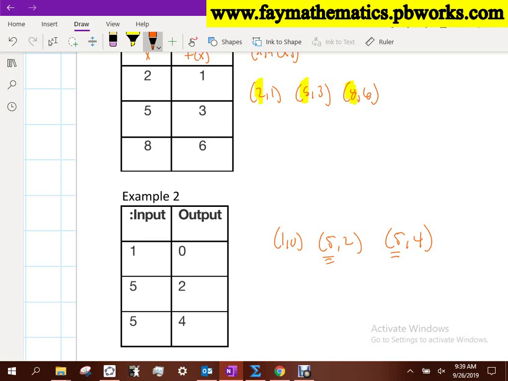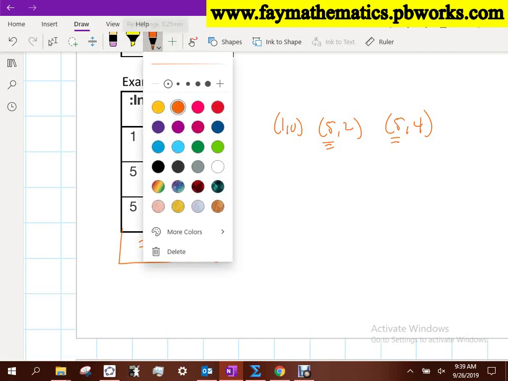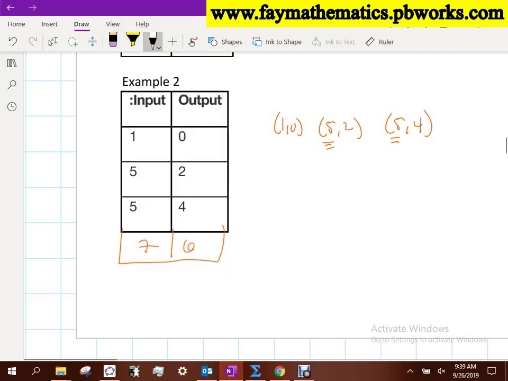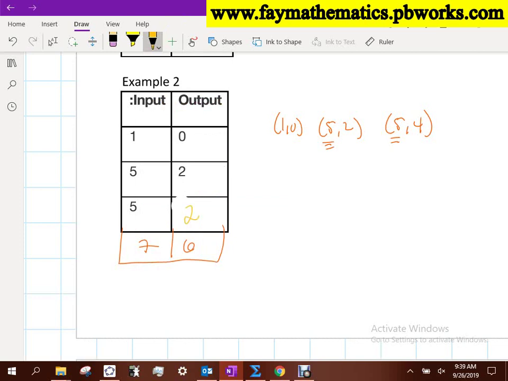Do not make me kick you out of this class. The next thing we want to look at is the idea that if I've got (5, 2), (5, 4), let's do this. Let's go (7, 6), and replace this one here with a 2.